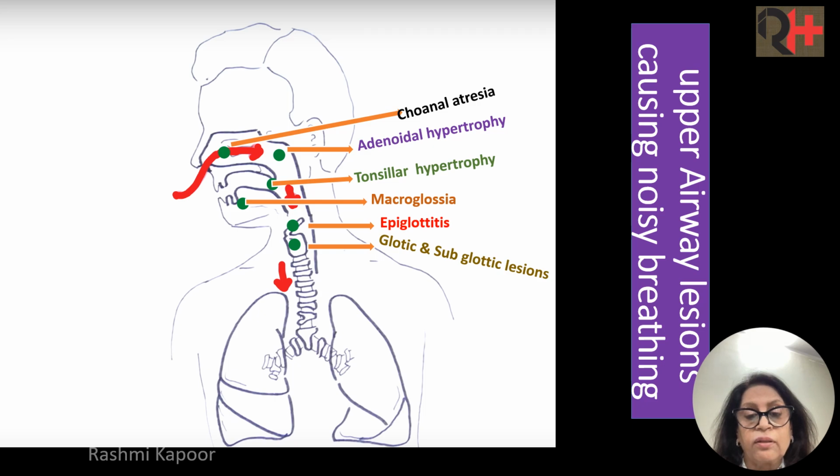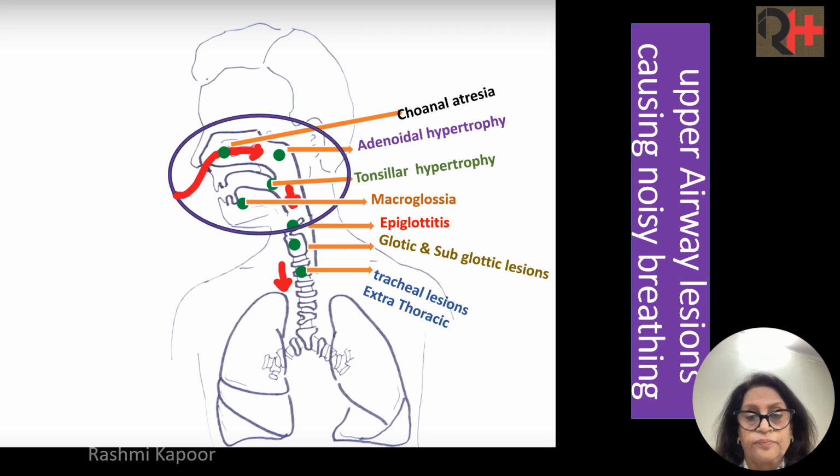There can be lesions in the glottic and subglottic region that cause stridor. Then any obstruction of the extrathoracic trachea will lead to stridor. This is the supraglottic region and this is the infraglottic region.